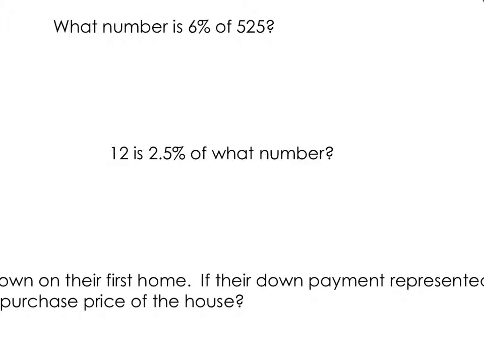What number is 6% of 525? So 6 is our percent. It always goes over 100. Of 525. That's the of number. It goes in the denominator. The only number that's missing is the is number. Let's cross multiply.